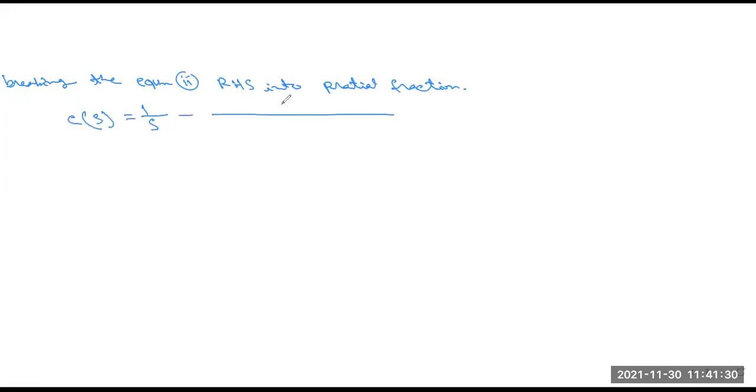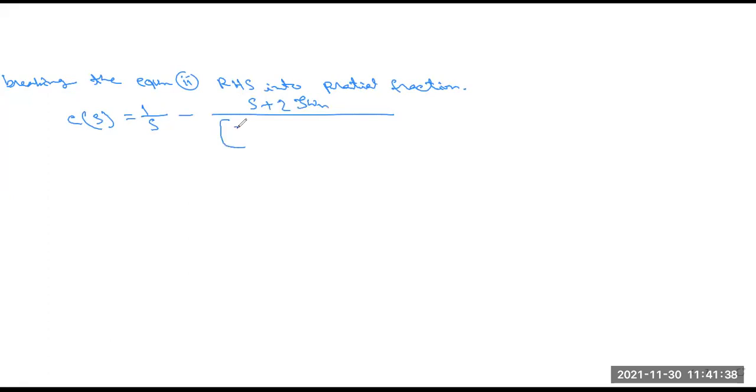Okay, so breaking the equation, the RHS part into partial fractions. Okay, so we have to write this equation, that is C(s) equals 1 by s minus (s plus 2 zeta omega n).